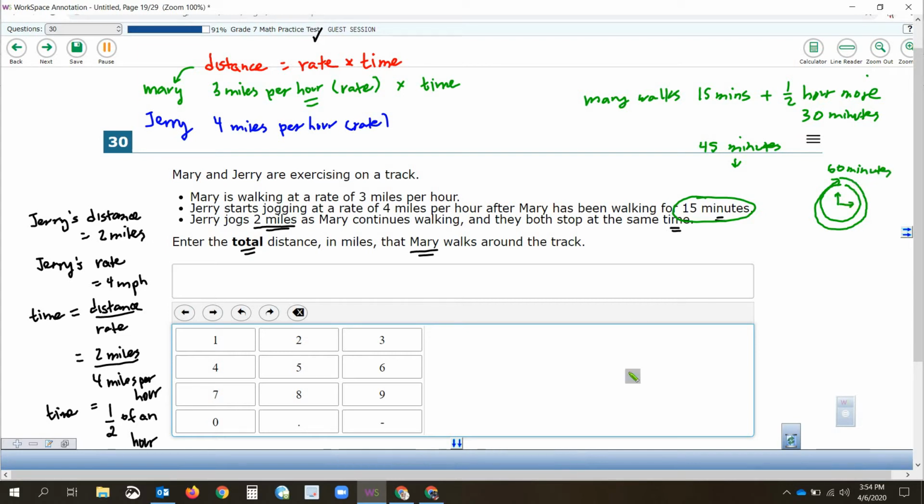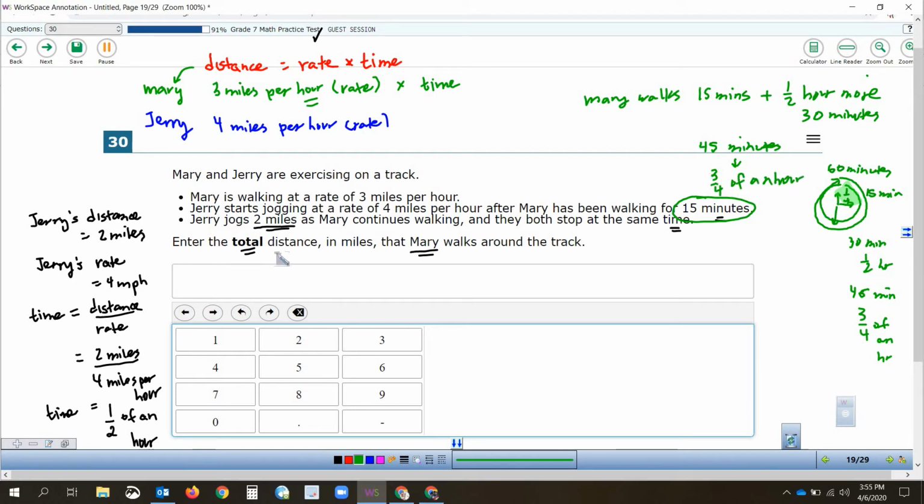And every one of these is 1/4 of an hour, right? 15 minutes is 1/4 of an hour. 30 minutes, right? That's going to be 1/2 an hour. And 45 minutes, that's going to be 3/4 of an hour. So 45 minutes is 3/4 of an hour.